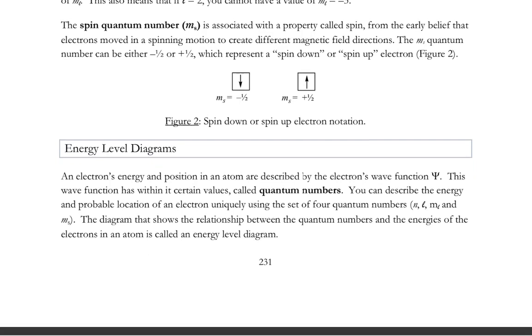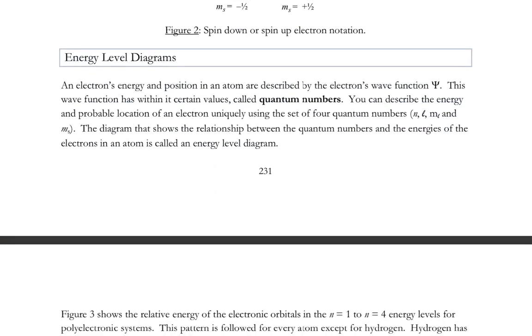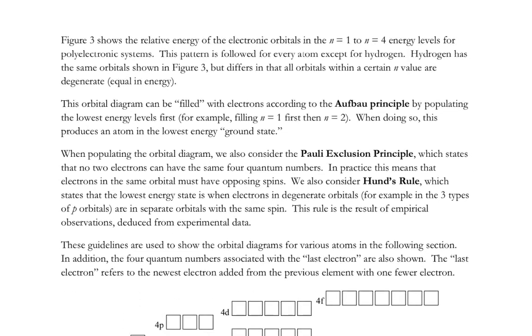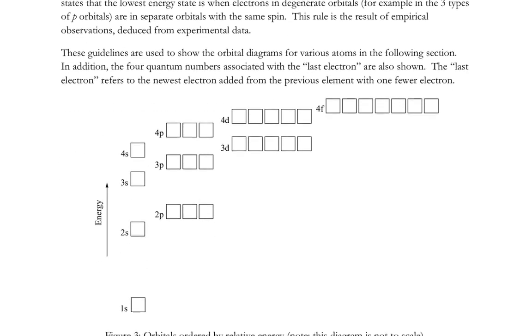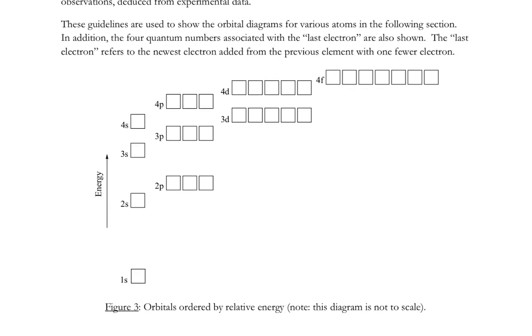So we put this all together to have what we call energy level diagrams to work with. And here is an energy level diagram. We have the energy going upward on the y-axis, and we have the lowest energy atomic orbital, the 1s atomic orbital, which is the only atomic orbital in the n equals 1 shell.